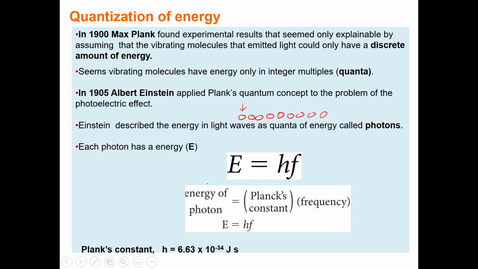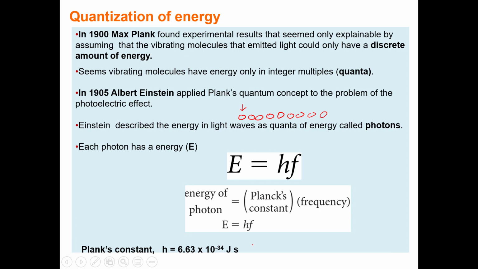He proposed this equation: the energy of the photon equals the Planck constant multiplied by the frequency of the light. If we had red light, it is multiplied by the red light frequency. If we had blue light, we multiply by the frequency of the blue light. And the Planck's constant equals this value, which is really a small value.